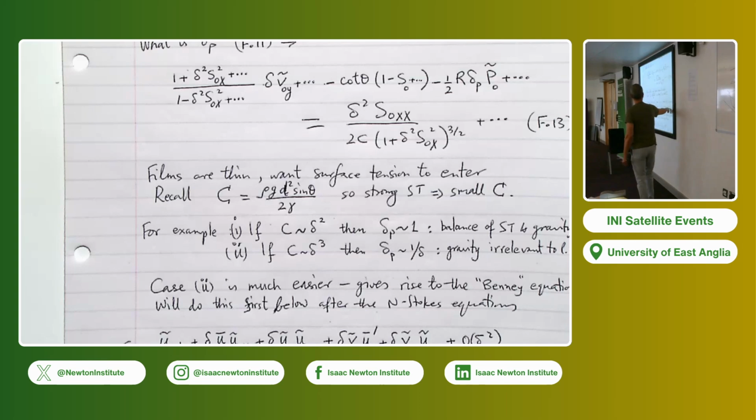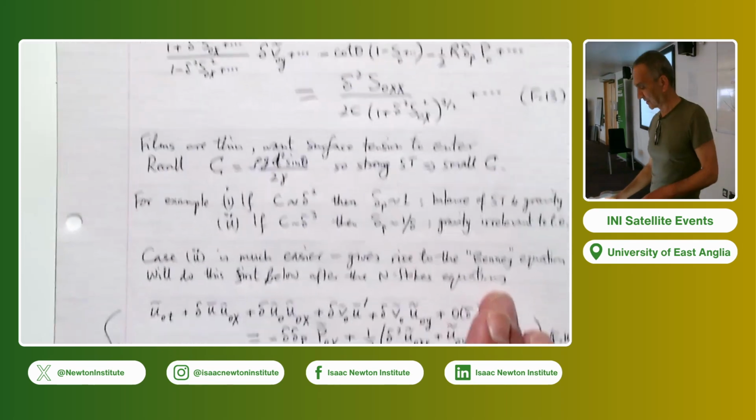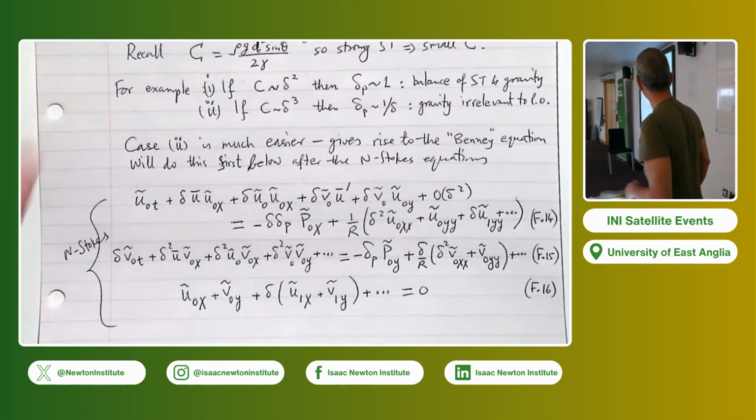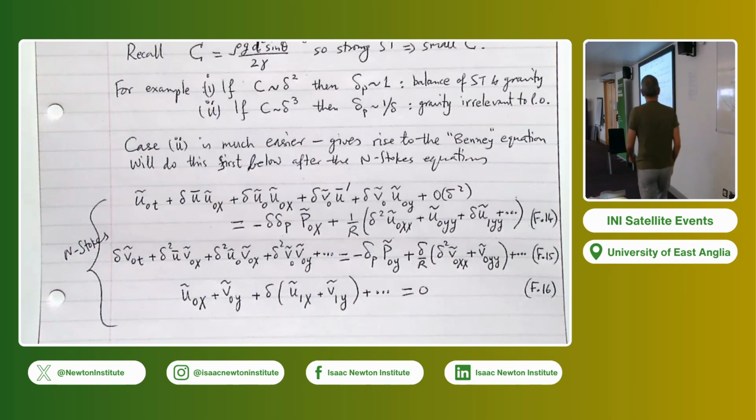Okay, this case 2 is very easy. You can do it directly. Case 1 is much more complicated. So let's do case 2 first. This is what happens if I now take my Navier-Stokes equation and put all these scalings in.